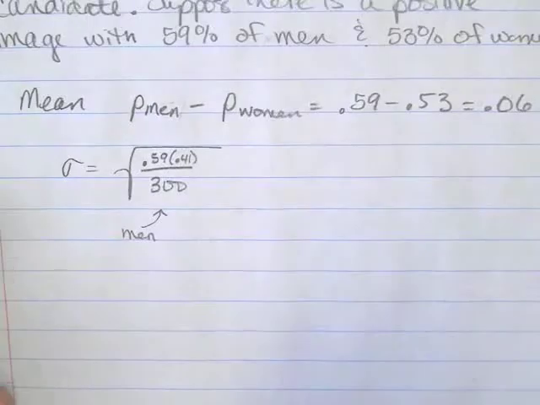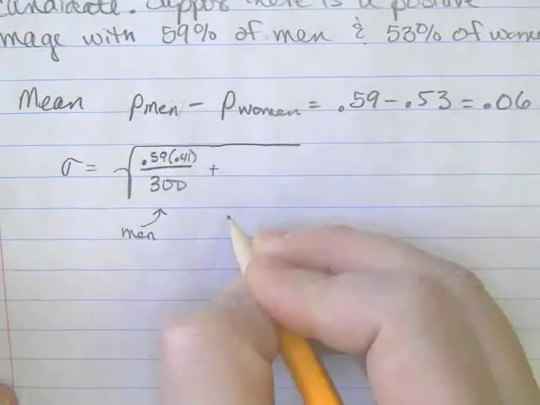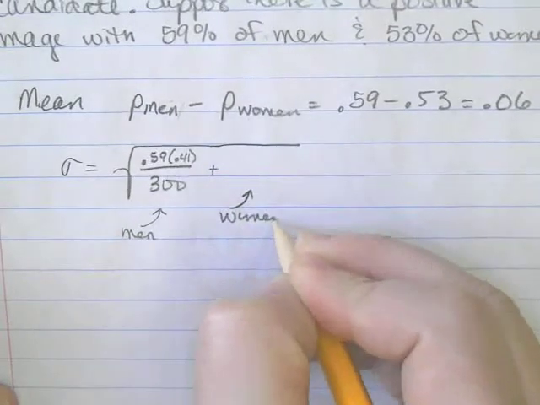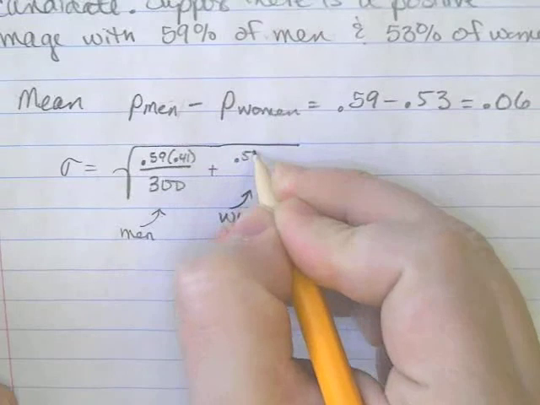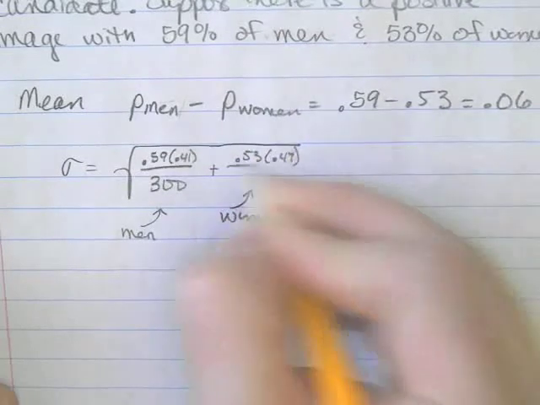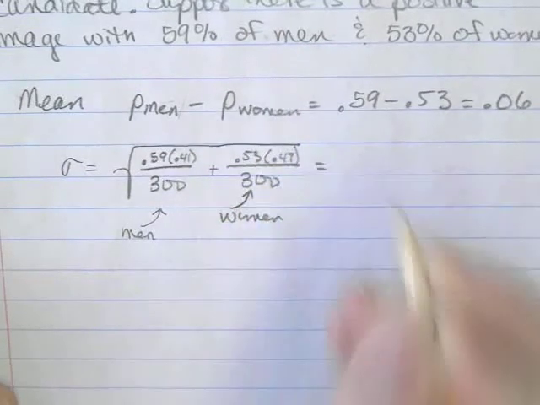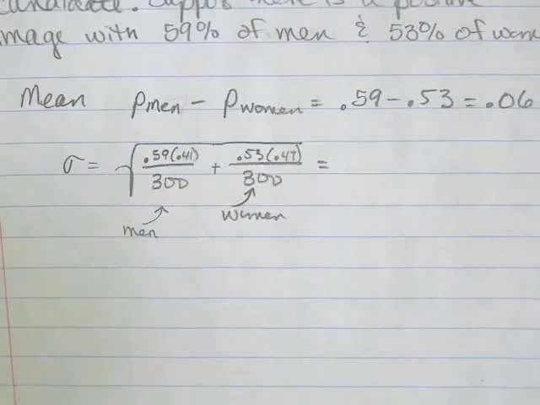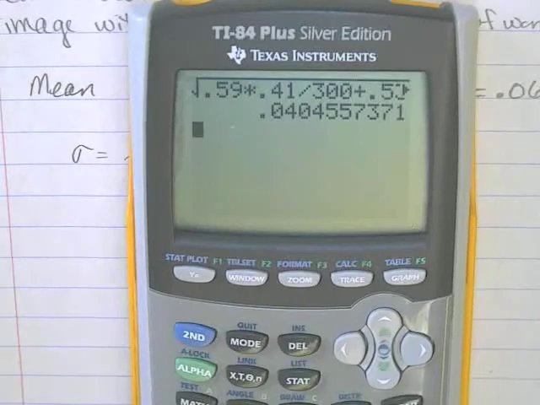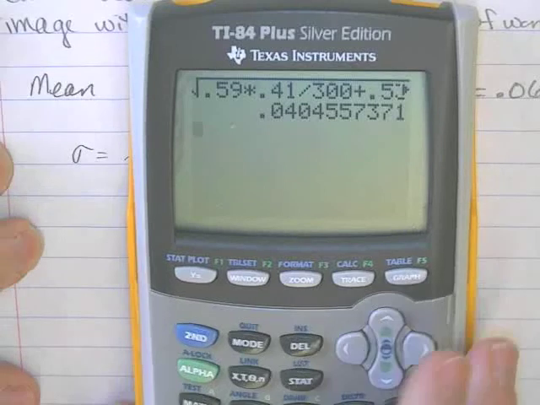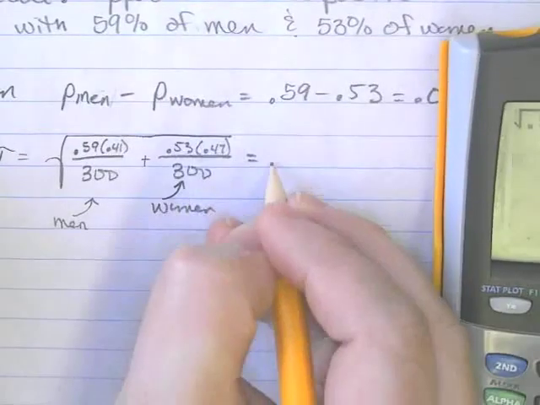Plus, let's do the women in the second one: 0.53 times 0.47 divided by 300. Let's get a calculator to see what that is. When we plug it in, it's 0.04. So our standard deviation is 0.04.